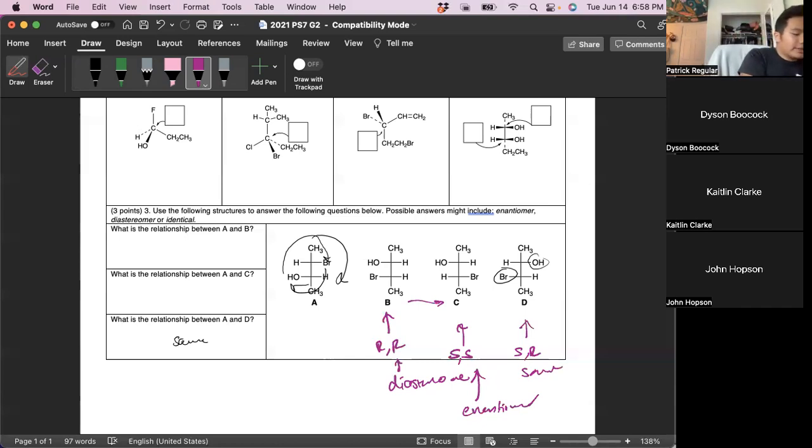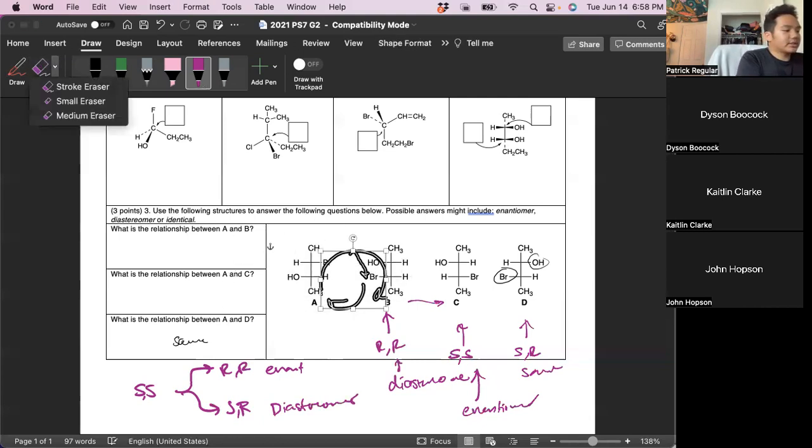So let's break it down. If you had SS and it was RR, that would be an enantiomer. If it was SR, if one of them stayed the same and one changed, that'd be a diastereomer. And that's what you're basically doing when you're looking at these four Fischer projections.